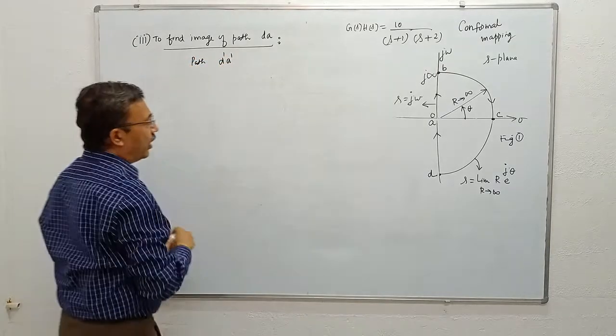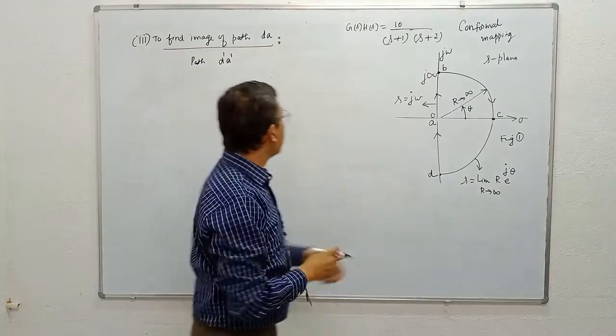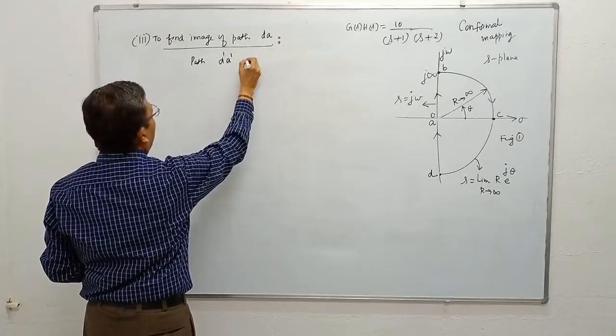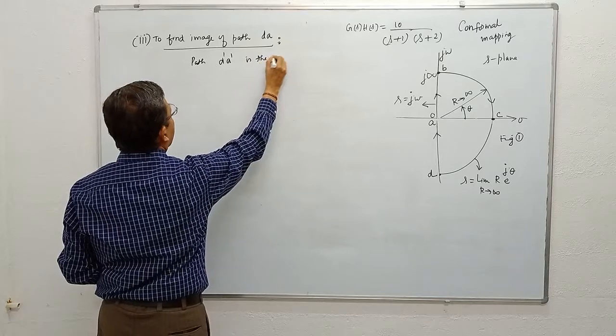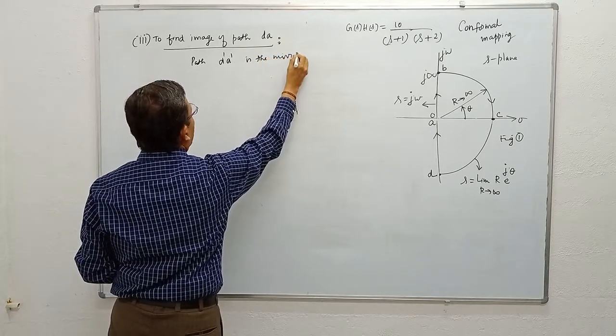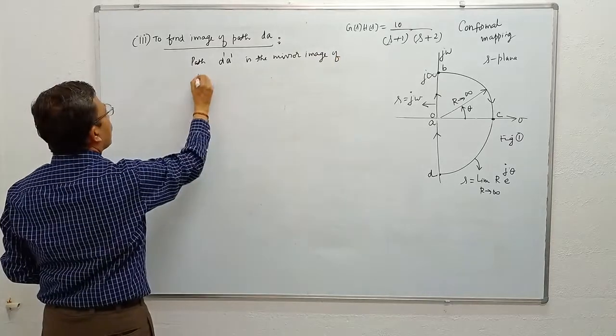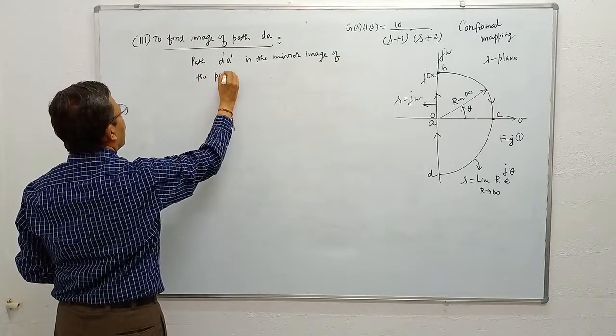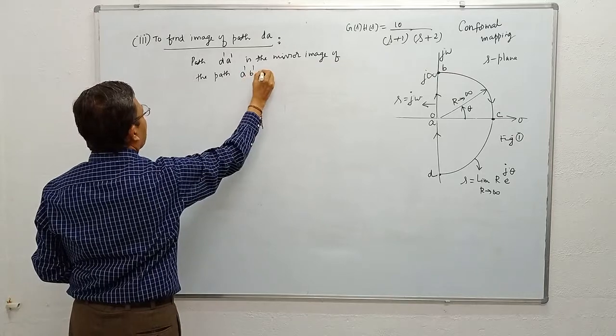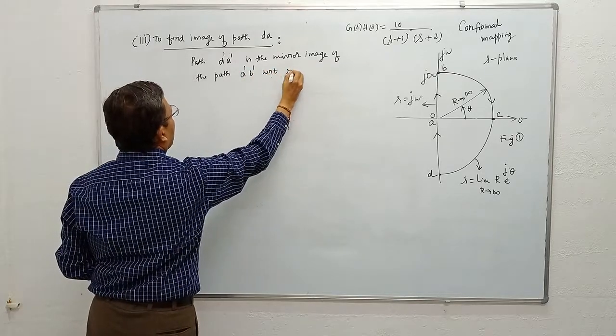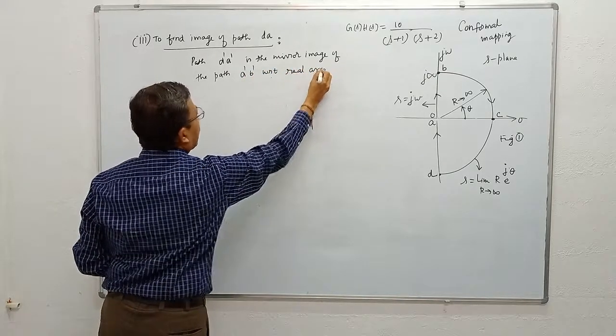What is D dash A dash? Image of DA. Path D dash A dash is the mirror image of the path A dash B dash with respect to the real axis.